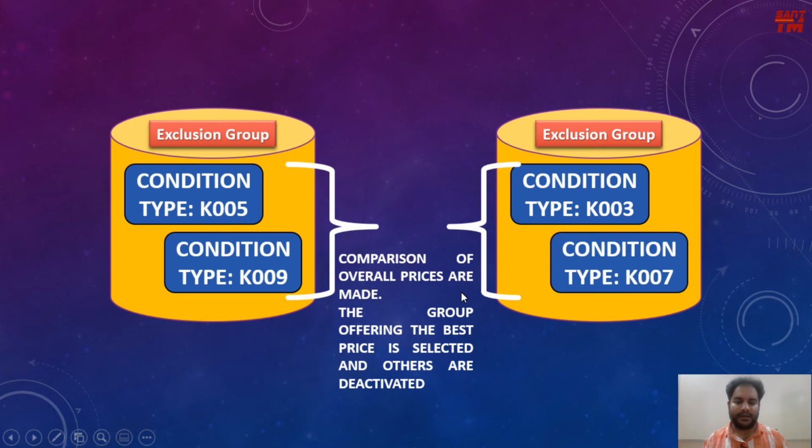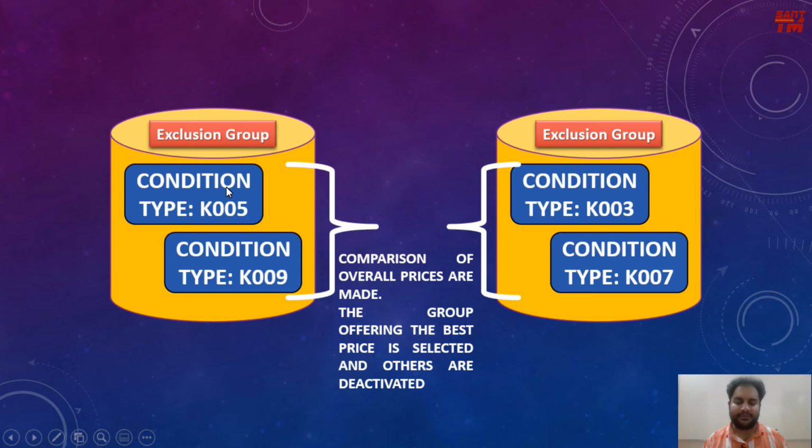Comparison of overall prices is made. That means K005 and K009 together will roll out some price of a particular product, and condition types K003 and K007 together will roll out some particular price of a product.